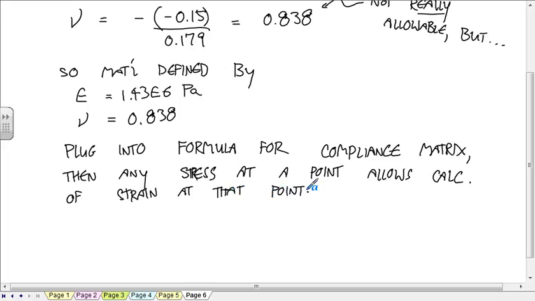Okay. Any questions about the sort of approach to calculating those two values?